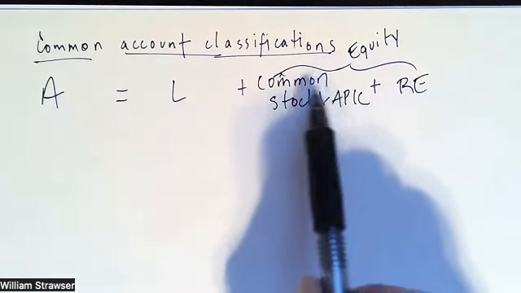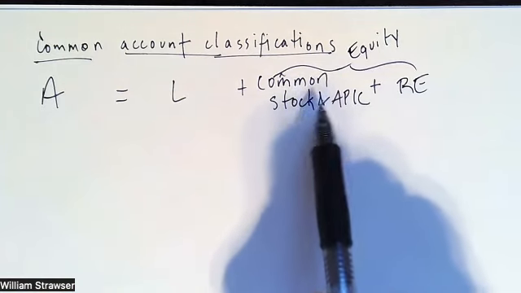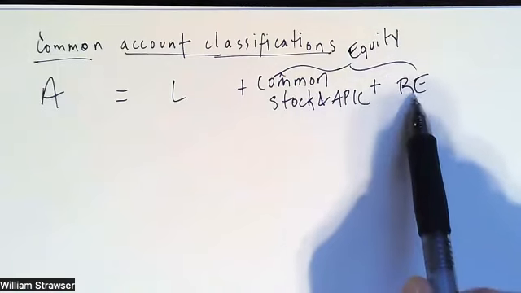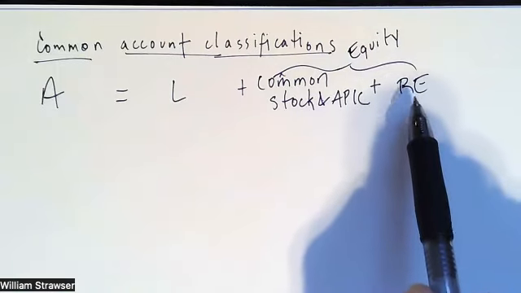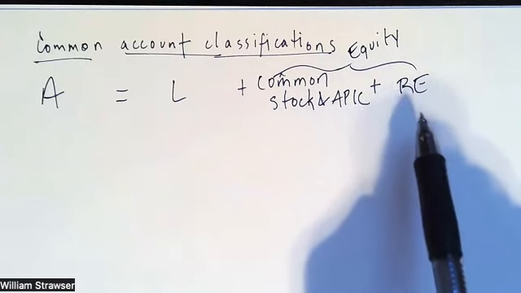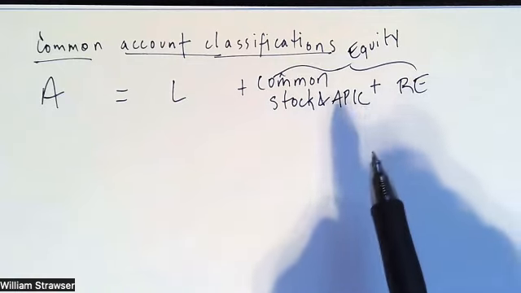Common stock and APIC represents what people have invested in the company. These are our owners. Retained earnings is what the company invested in itself, because this is the earnings that it earned during a period that it did not pay back to its shareholders.